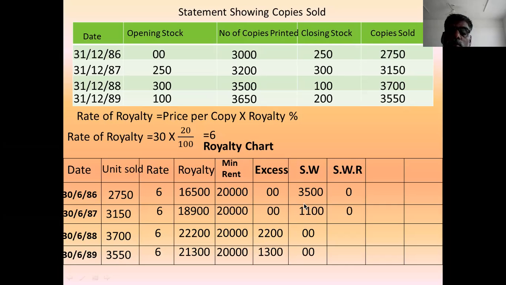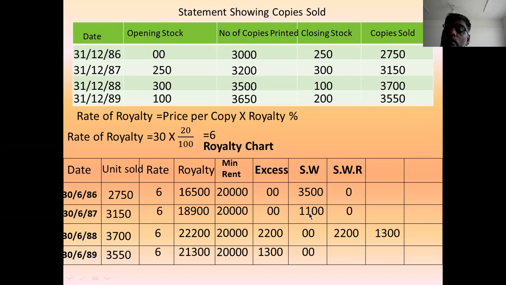Out of this 2,200, it is not possible to recover 3,500 fully. So, out of 3,500 short working, you recover 2,200 out of the excess amount, and the remaining balance of 1,300 goes to the recovery column.